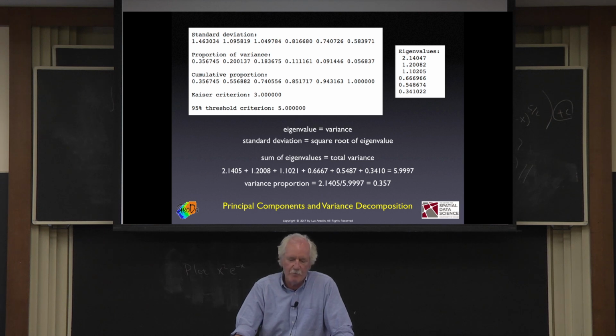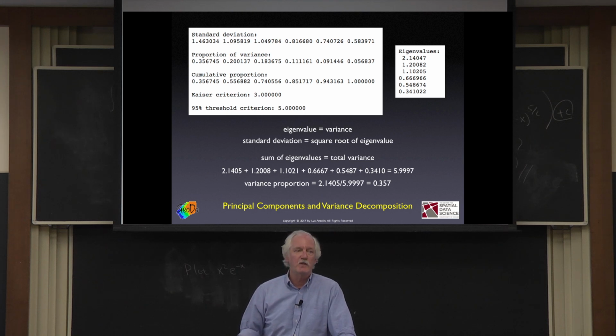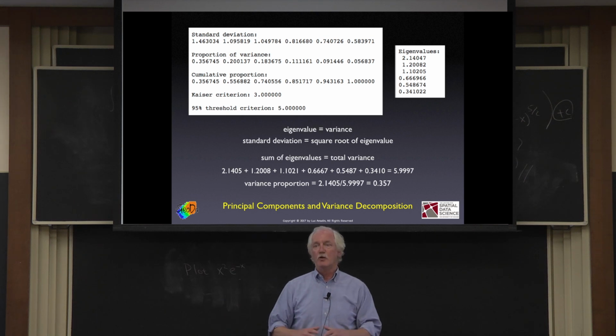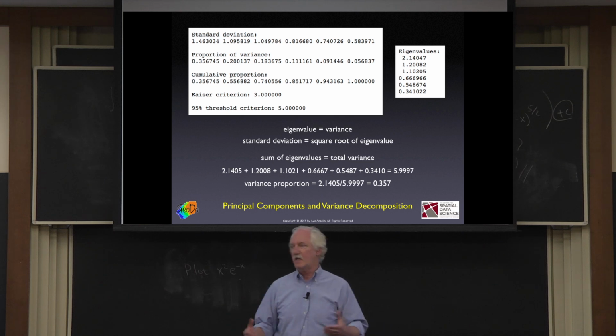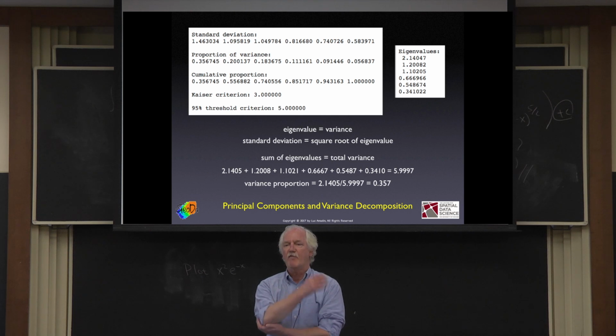In this particular example, as I said, is really lousy. You have to go up to 5 principal components to explain 95% of the original variables. That sort of defeats the purpose. The whole purpose is dimension reduction. Going from 6 to 5 is not exactly dimension reduction. But if we look at 2 of them, we're over half. And for our purposes, that's what we're going to be doing.